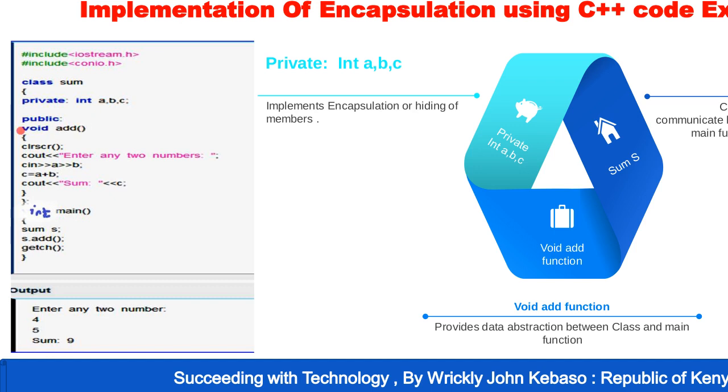Normally abstraction means that the outside world would only be seeing void add. If int main was looking at this class sum, it wouldn't be seeing the variables. It's only seeing void add, and that's the meaning of what we refer to as abstraction. Then note, a function also must have a body. Then void add, we open the body of the function with a normal curly bracket, and you can see it's being closed here.